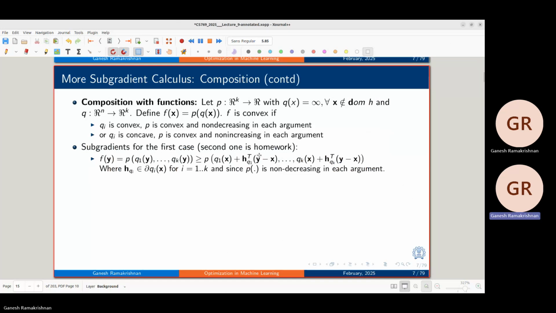So what are we dealing with? Let's identify this. You're looking at P of Q1(x) through Qk(x). And for each of these, I have subgradients.